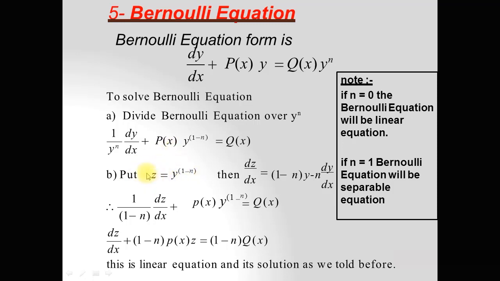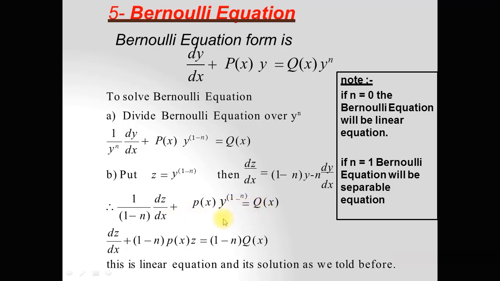Then taking the derivative of z with respect to x, dz by dx is equal to 1 minus n y power minus n dy by dx. Find the value of dy by dx from this expression and putting in this equation we obtain 1 over 1 minus n dz by dx plus P of x y power 1 minus n is equal to Q of x.